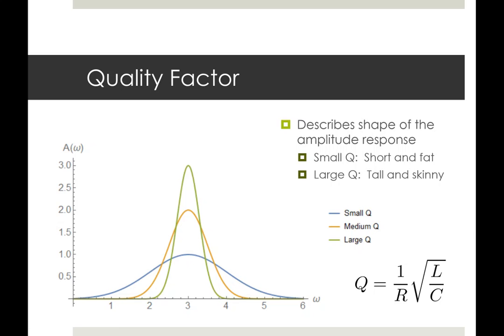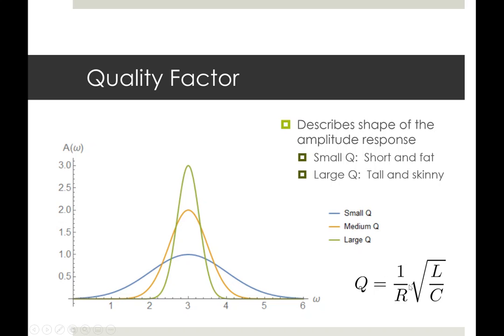You're not able to quite figure out the perfect rate at which to push the child. You might be interested in understanding how tolerant the swing is. If you're slightly off, how much is that going to matter? If you have a very large quality factor, it's going to matter a lot. As soon as you move just a little bit away, you're falling very steeply off of your maximum. Versus something with a small quality factor, where you didn't fall too much, which is an important quantity to understand.